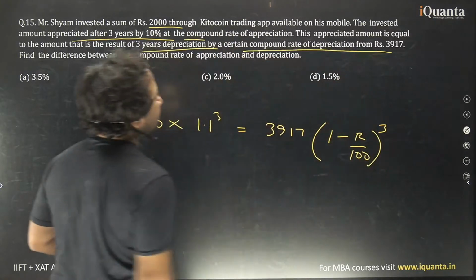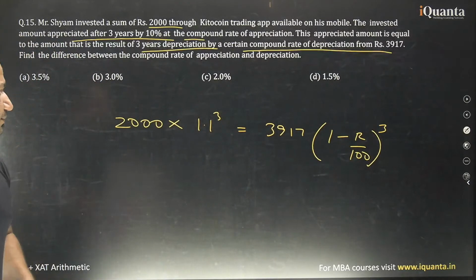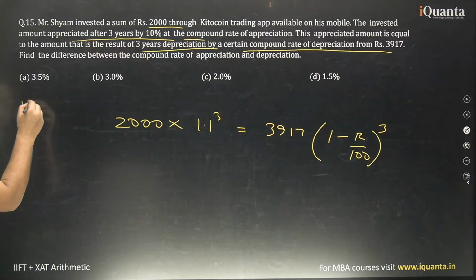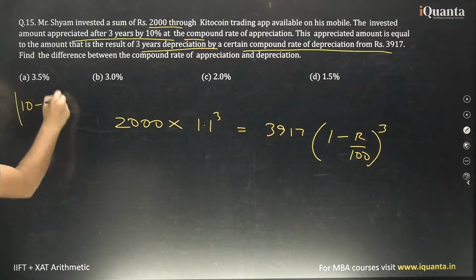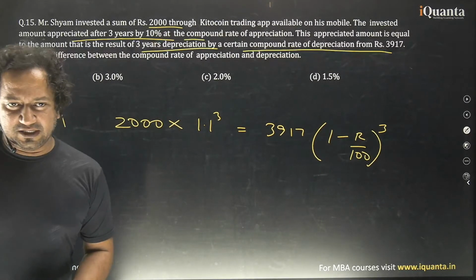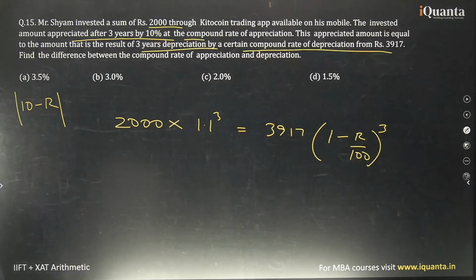Is this clear? The equation is clear? We need to find 10 minus R, putting a mod because we don't know which one is greater, R or 10. This equation is understood, isn't it?